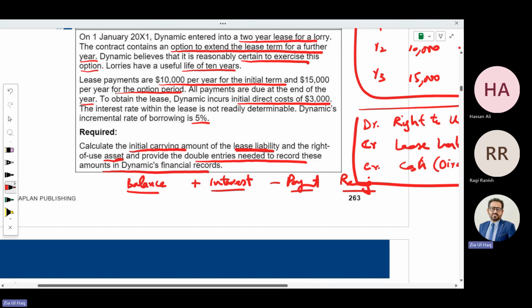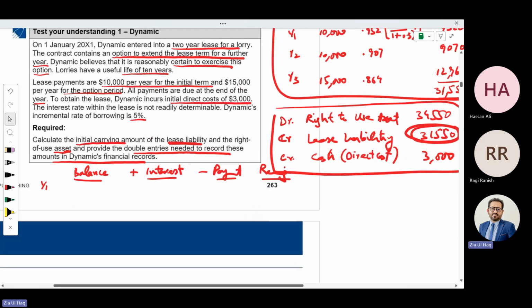So this lease was for 3 years. Year 1, at the start of the year, we will be having this amount, 31550, as the opening balance. In that, we will charge interest. What is 5% of 31550?